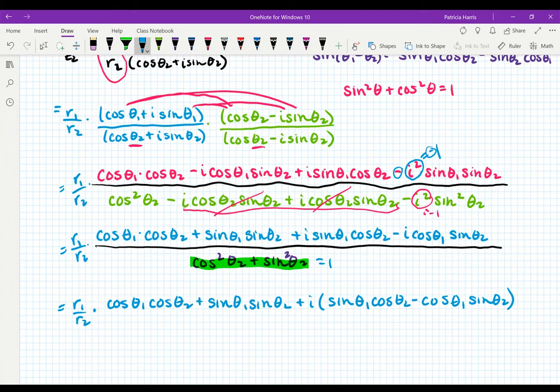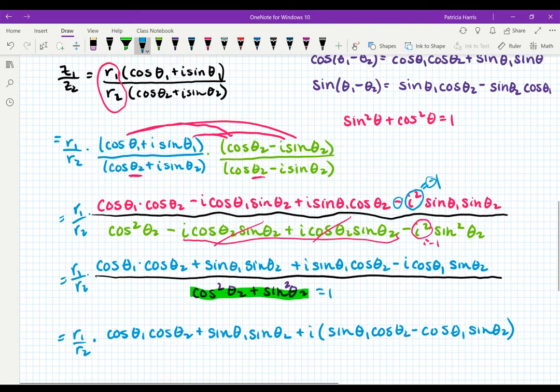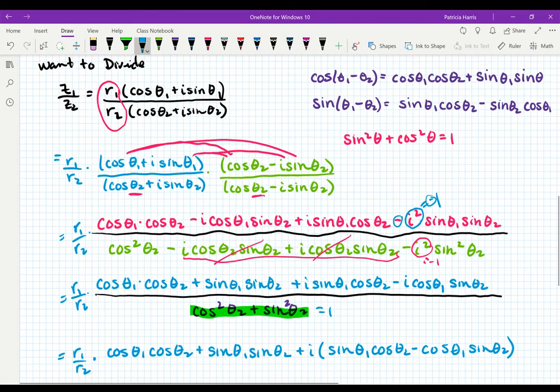Okay, now if I go back up to the top and I look at my differences, let's go back up to the top. Notice that cosine theta 1 cosine theta 2 plus sine theta 1 sine theta 2 is equal to cosine of theta 1 minus theta 2. So we're just going to do a substitution here.